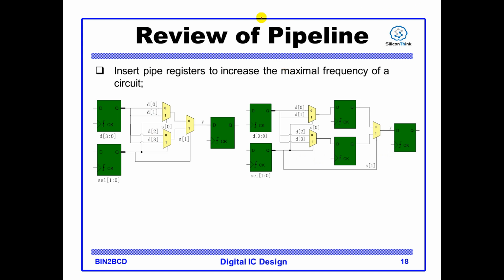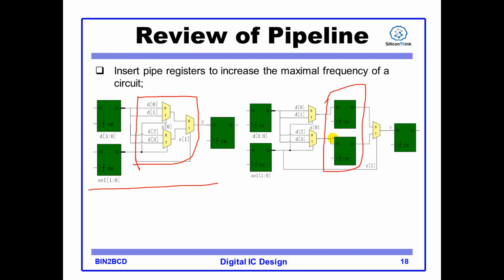Before that, let's review the principle of pipeline. So this is a function, you can say this is a function of a 4 to 1 mux. You can insert pipe registers into the combinational logic to maximize the frequency of the circuit.